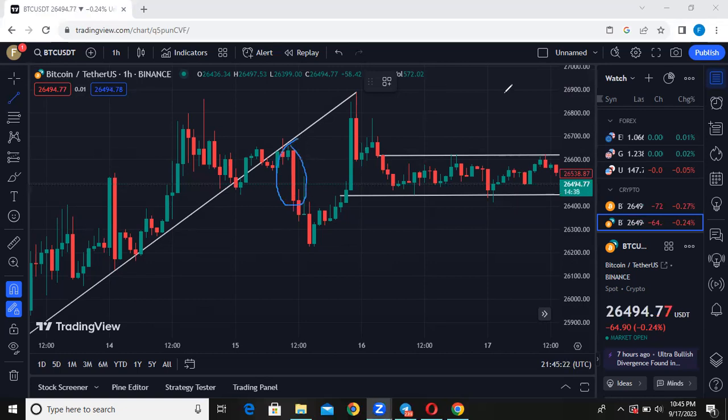When the market drops like that with a lot of force, you have to wait for it to go back up before you can sell again. And remember, if you sold at this particular moment, you would have been making good profits at this level.